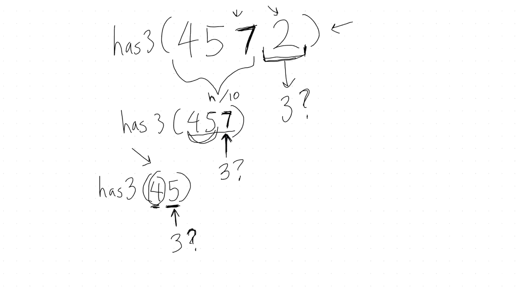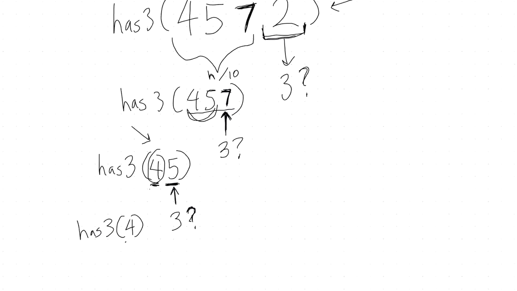But we can't answer whether this has 3 in it until we answer if this has 3 in it. So we separate this off into a smaller problem, and we want to answer whether 4 has 3 in it. Since 4 is a single digit, the computer is able to tell immediately that it doesn't, because 4 is not equal to 3.